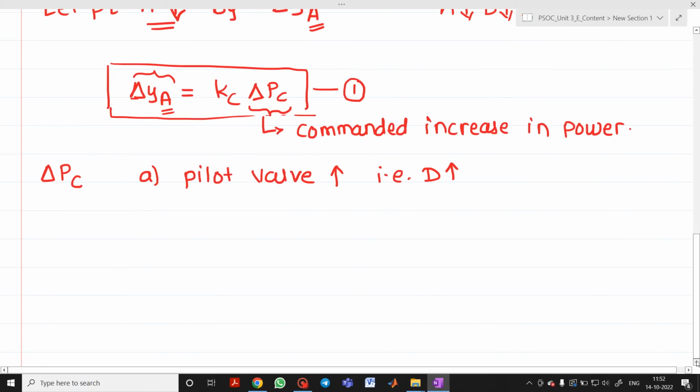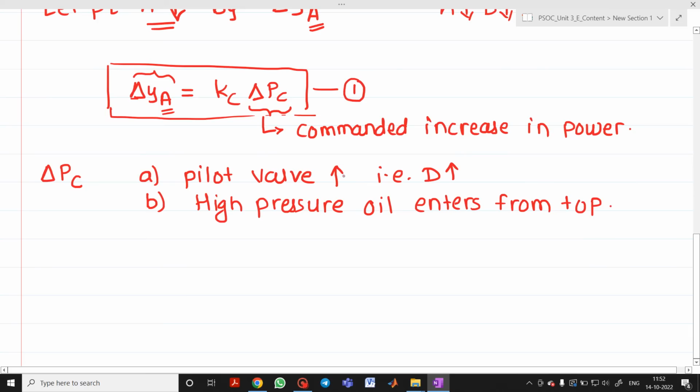So here the pilot valve moves in the upward direction, that is, D moves in the upward direction. What happens to the high pressure oil? I write it here: the high pressure oil enters from the top, and the main piston will move in the downward direction.